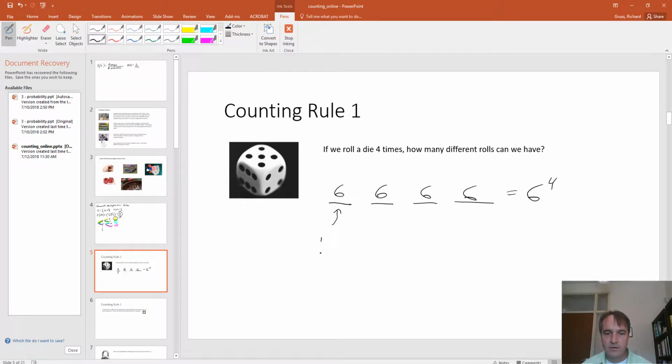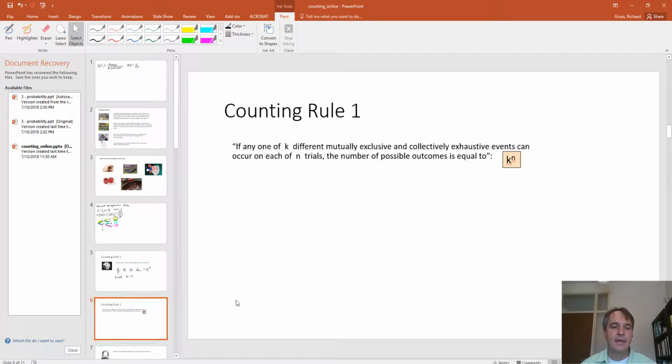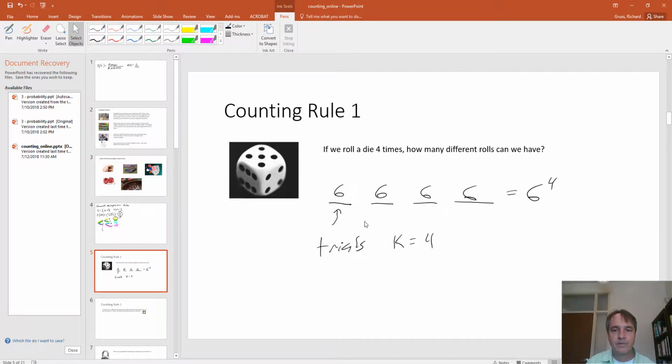So these are our trials. And so we have, in this example, we've got 4 different trials. And the other number that we need is n trials. That's our n. N different trials.